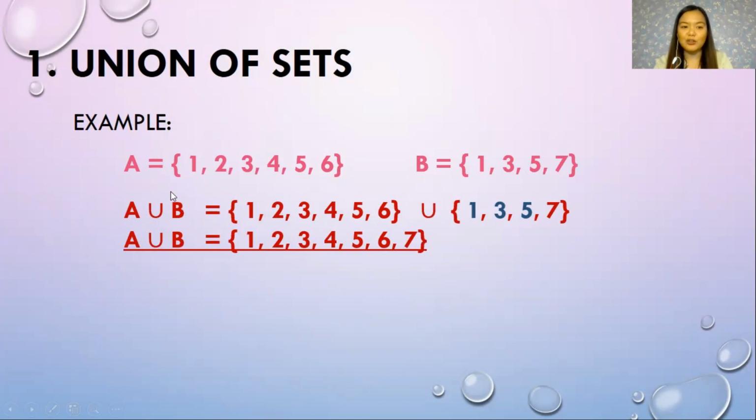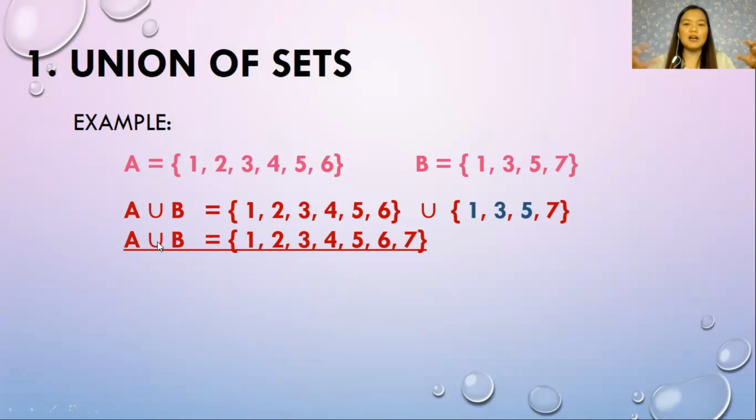Then, union, at yung B, i-substitute natin: 1, 3, 5, 7. So, bakit nga ba may highlight ang 1, 3, 5? So, based on our previous lesson during the introduction of sets, elements should only be written once.